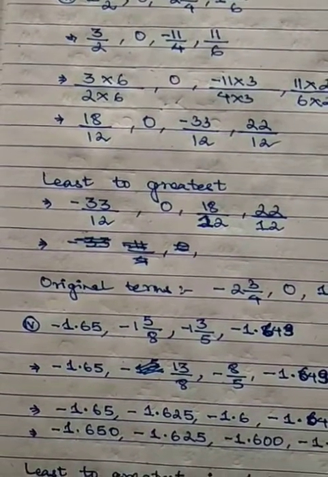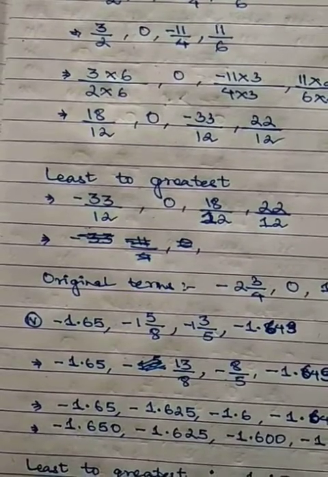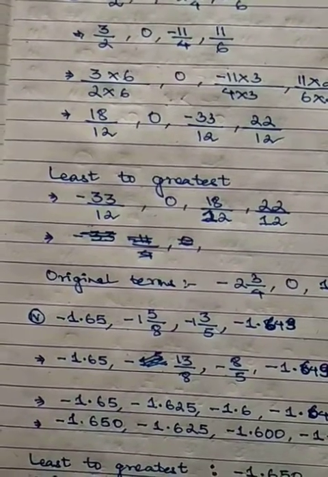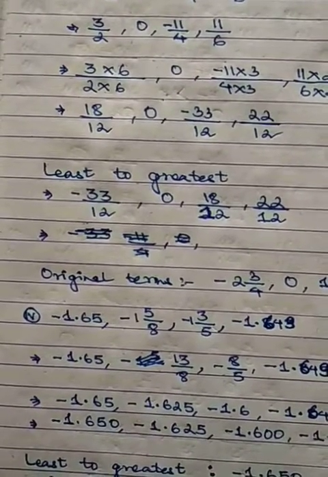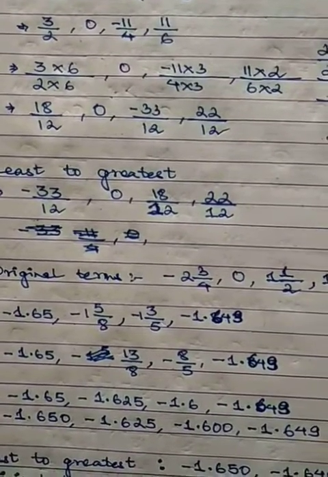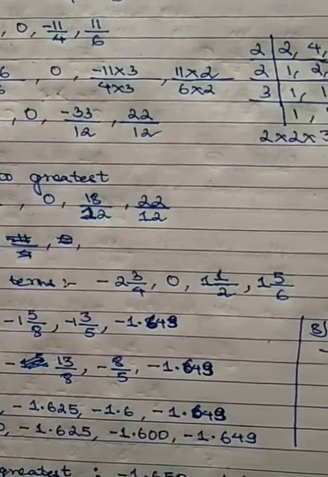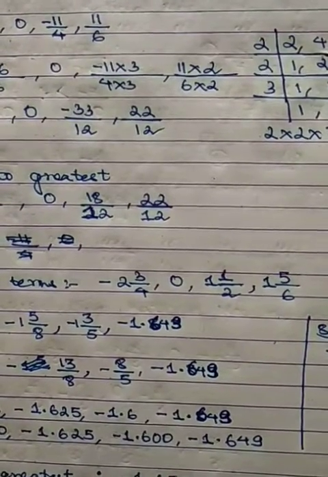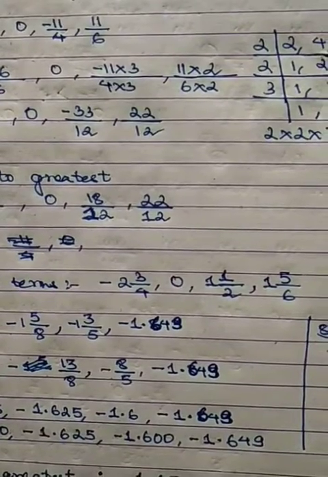For the first term, the denominator is 2. In order to make 2 into 12, we need to multiply it by 6. The same number has to be multiplied in the numerator as well, because of equivalent fractions. Similarly, the second term will remain as it is because it's a 0, and for the third term, 4 into 3, the same multiplied in the numerator as well, minus 11 into 3.